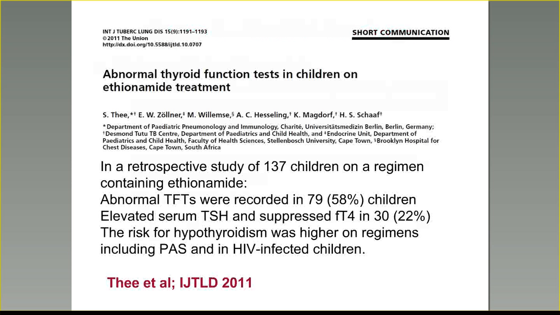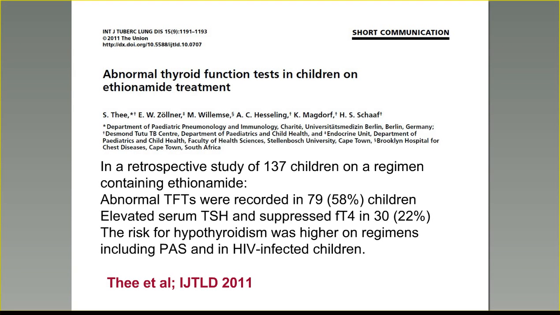There's an article that you can read by Steffi Thier in the International Journal of Tuberculosis and Lung Disease 2011, where we described our experience, a retrospective study on the thyroid function tests in children.